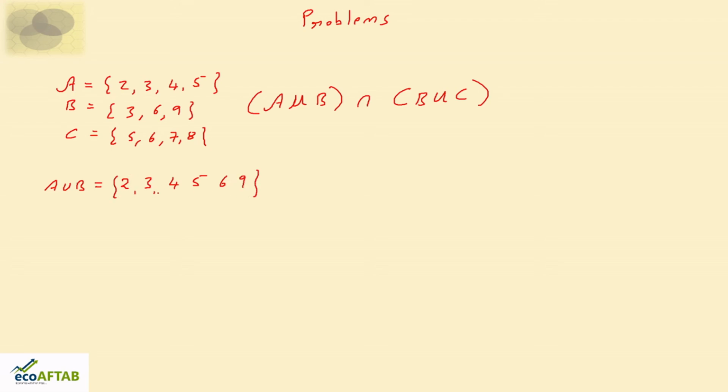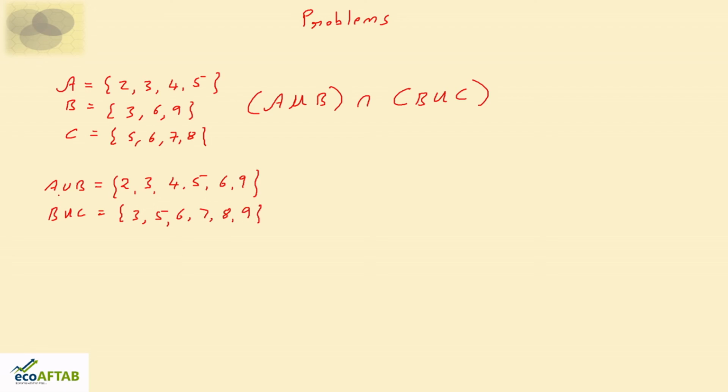This is A union B. Similarly, B union C. B union C is 3, 5, and 6 is common in both, so I'll take it once, 6, 7, 8.